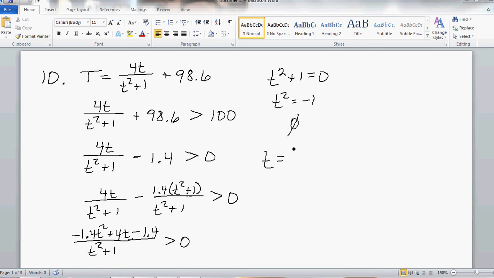T equals negative b plus or minus the square root of b squared minus 4ac all over 2a.